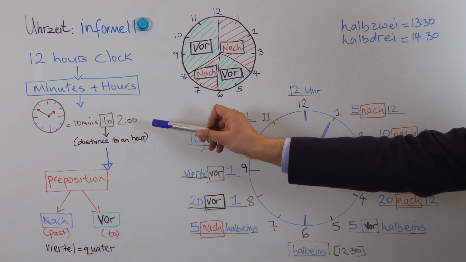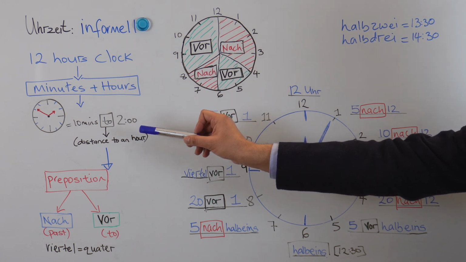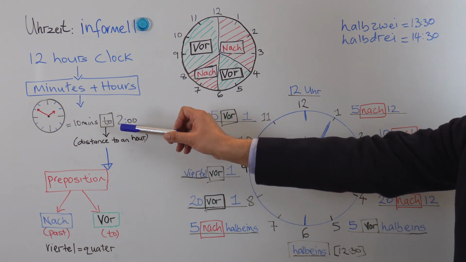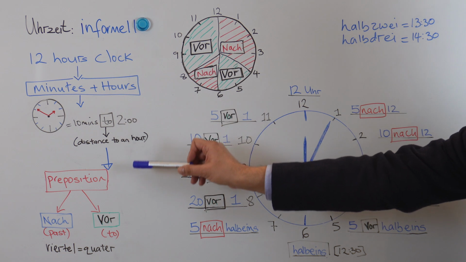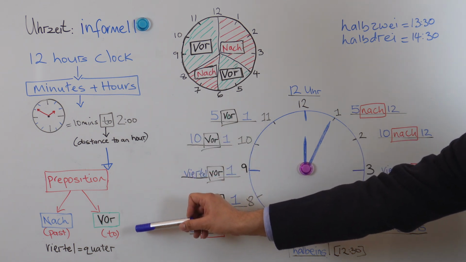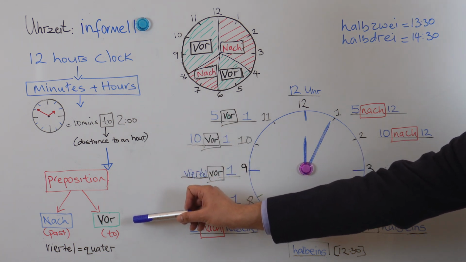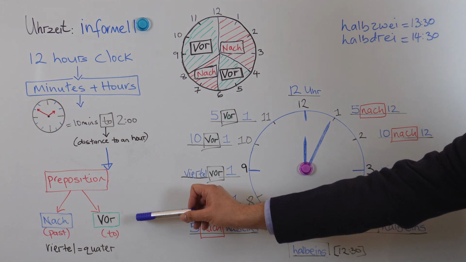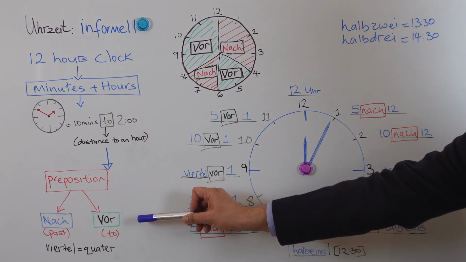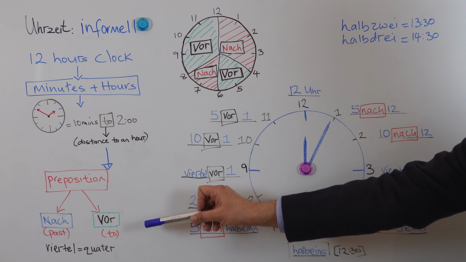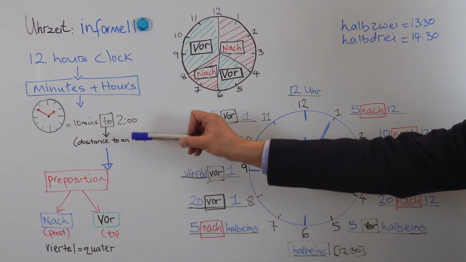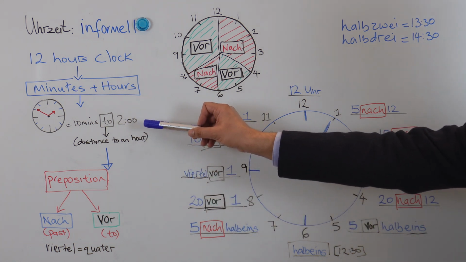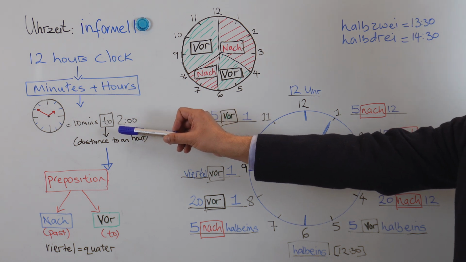In German, we would translate it to 10 vor 2. The word 'to' is translated to the preposition vor, which means before. So 10 minutes to 2 will make it 10 vor 2.